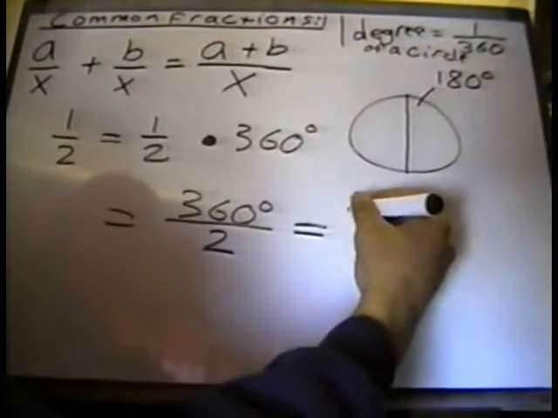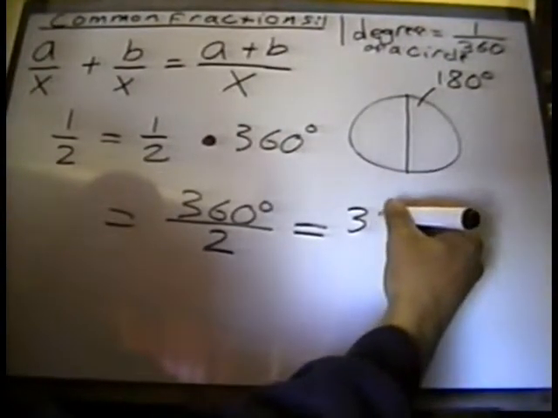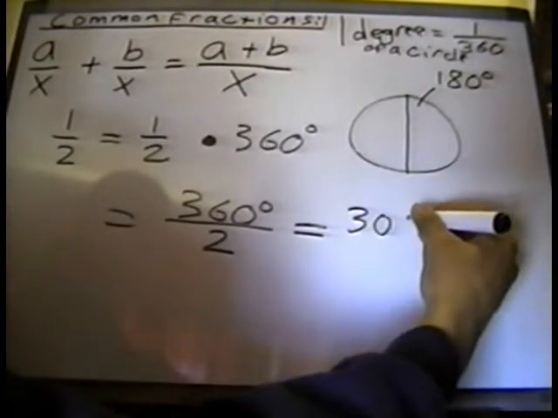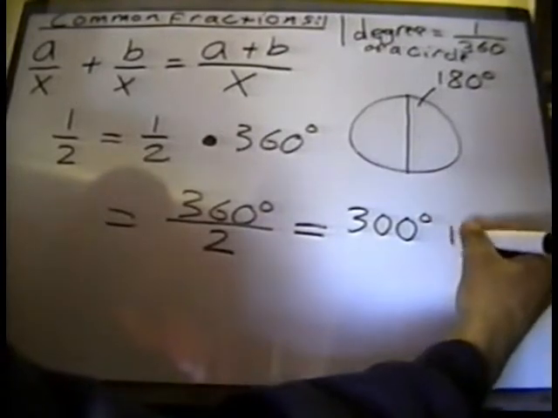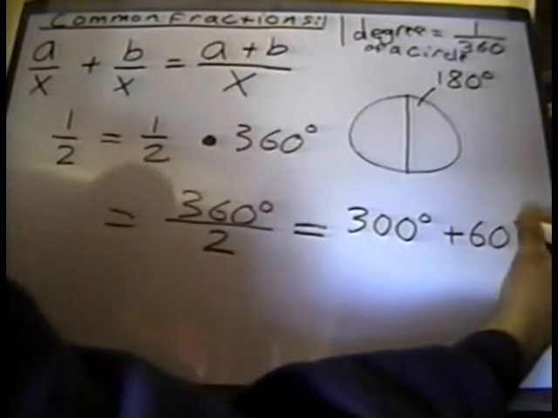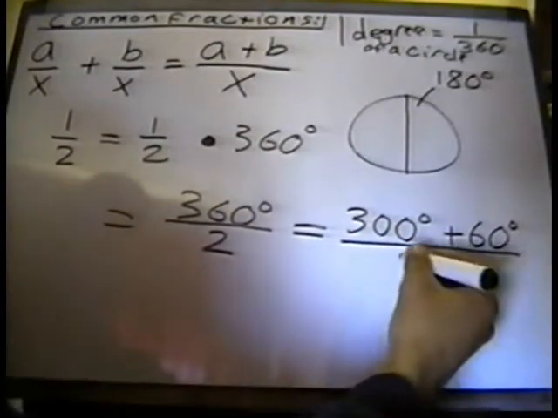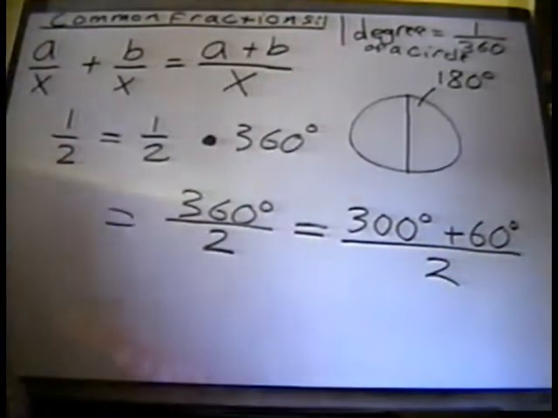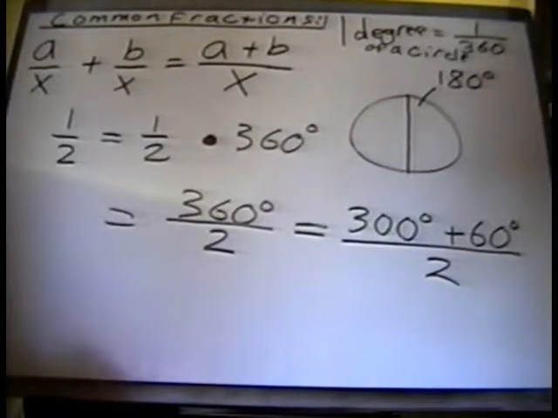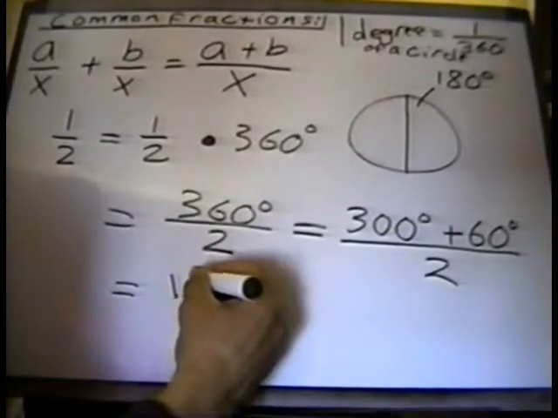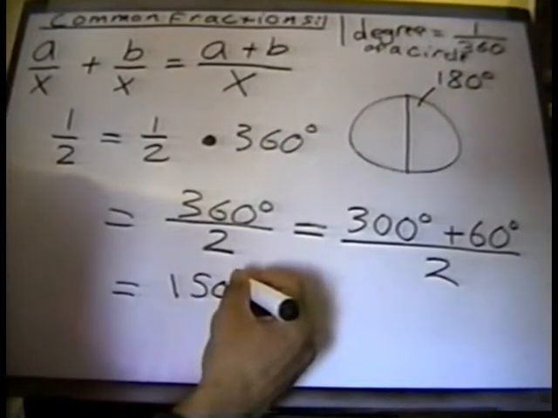And by the way, that's 300 degrees plus 60 degrees over 2. Okay? Or you say it's 150 degrees.